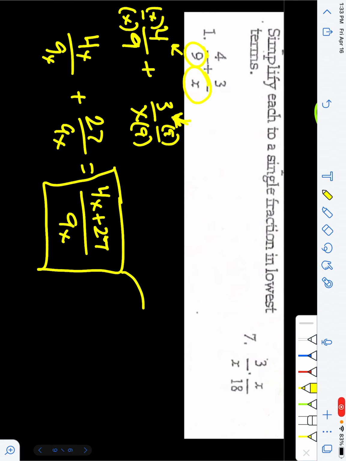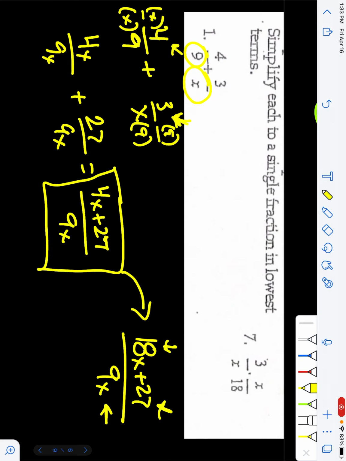Now, one kind of caveat or side note, if we had something, let's say it was this, well then we would not be in simplest form, right? We have an 18, 27, and 9, which means that they have a GCF of 9.